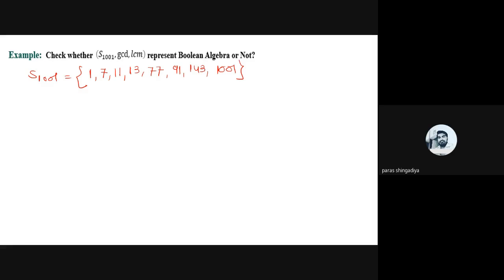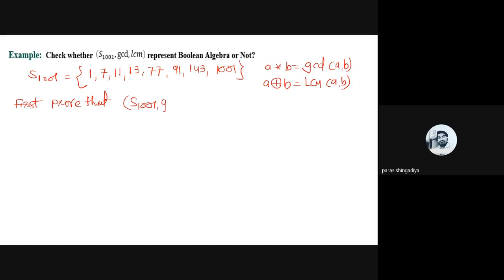For this we'll use the relation A star B is equal to the GCD of A comma B, and A ring sum B is equal to the LCM of A comma B. So first you have to try that. First prove that S1001 GCD LCM is a lattice.